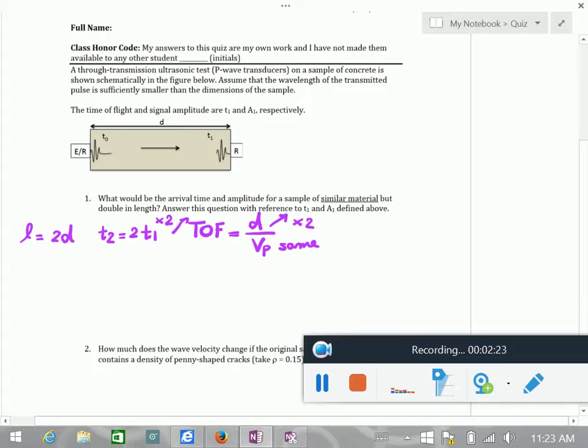How about amplitude? Last time we talked about several mechanisms of attenuation. Let's discuss this in the class. Do you remember what we talked about? What were these 3 mechanisms? How many did we have?